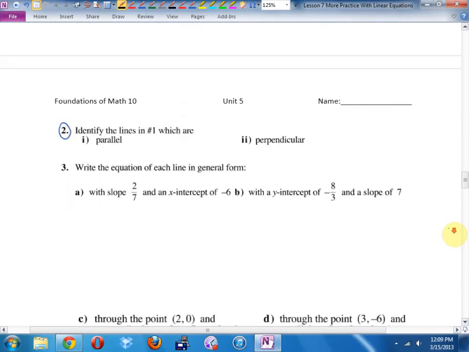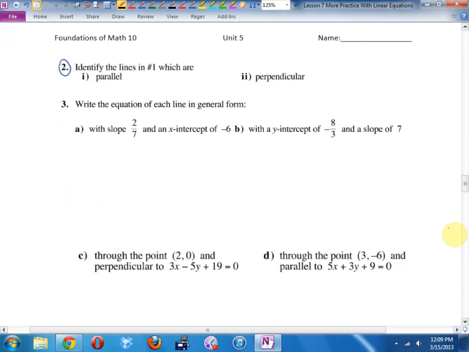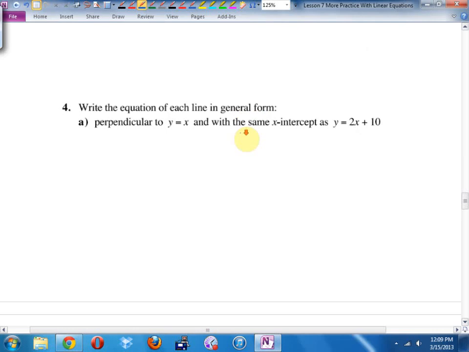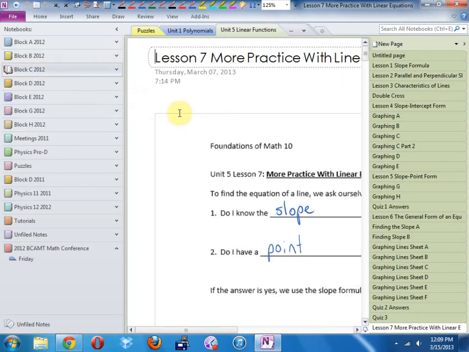What's your homework? We already assigned 1 and 2. Okay? Circle 3, except cross out B. You know what? Let me give you what I gave my block C's.